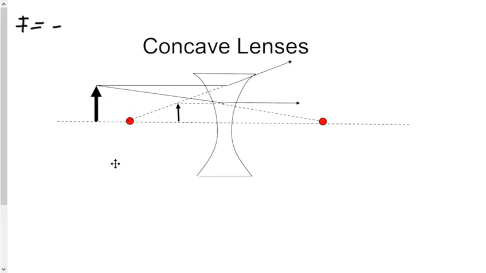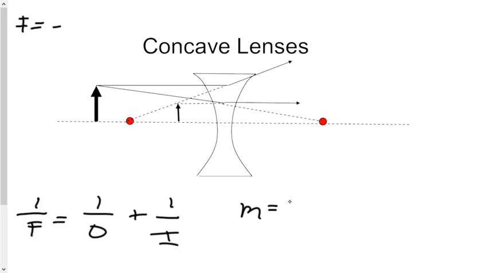Okay, and let's summarize our equations for lenses, which will also be the same for mirrors. So our equation is 1 over the focal length equals 1 over the object distance plus 1 over the image distance. And magnification is equal to the minus image distance divided by object distance.